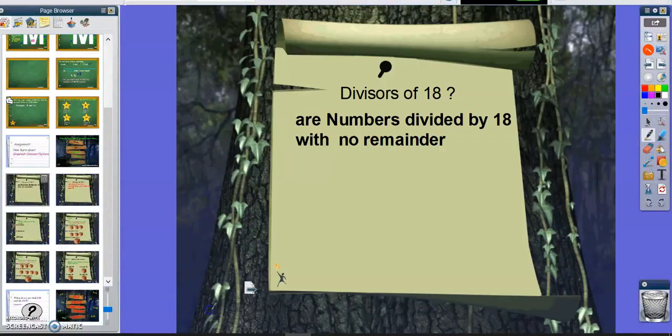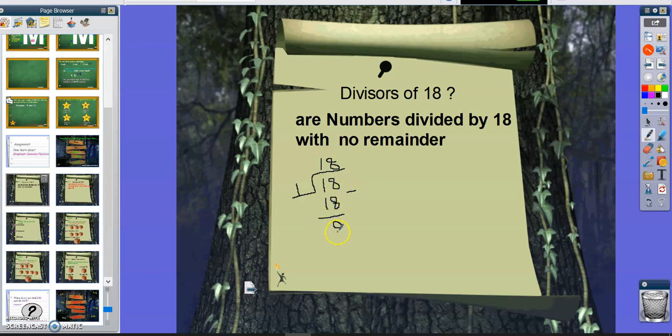let's start. First of all, what do we mean by divisors of 18, for example? They are numbers that divide 18 with no remainder. For example, 18 divided by 1, so 1 times 18 is equal to 18.